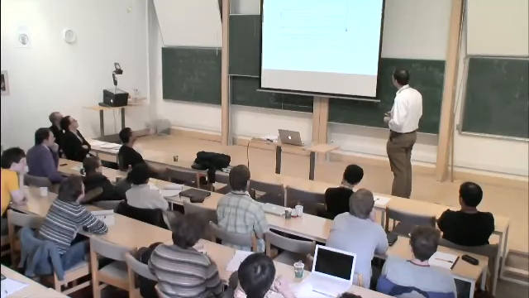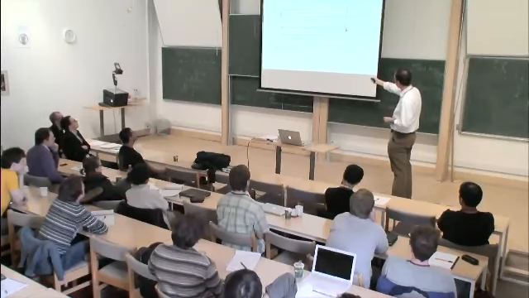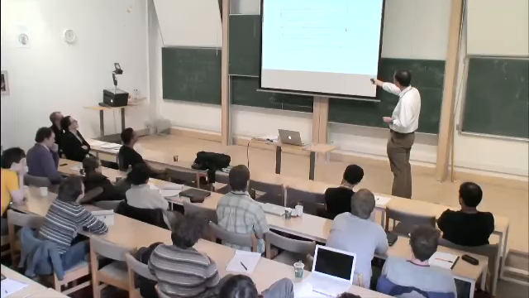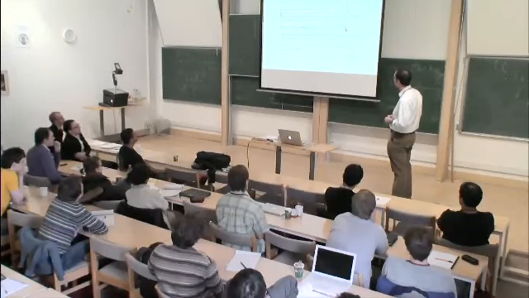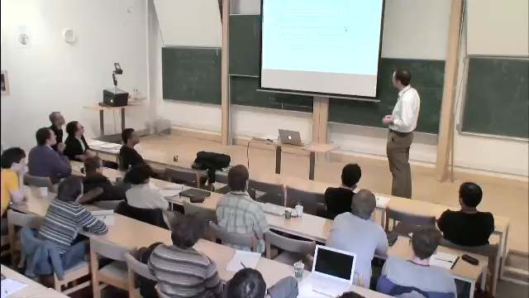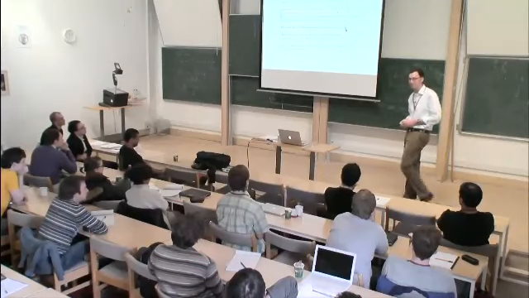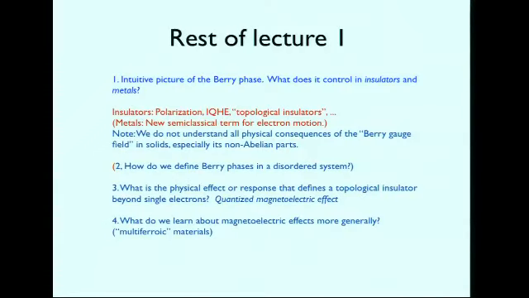So let me say a little bit more about the Berry phase, because essentially the key is going to be that the non-abelian part of the Berry phase, which I haven't used so far, is the key to the three-dimensional topological insulator. So far I've been dealing, if you like, with trace of F, but the Chern-Simons form and second Chern form of F are kind of the right objects for topological insulators.